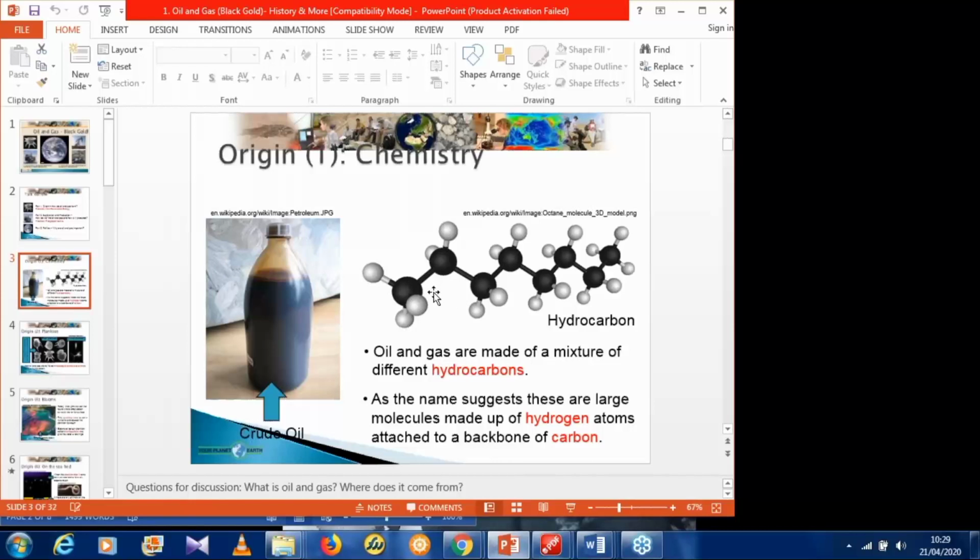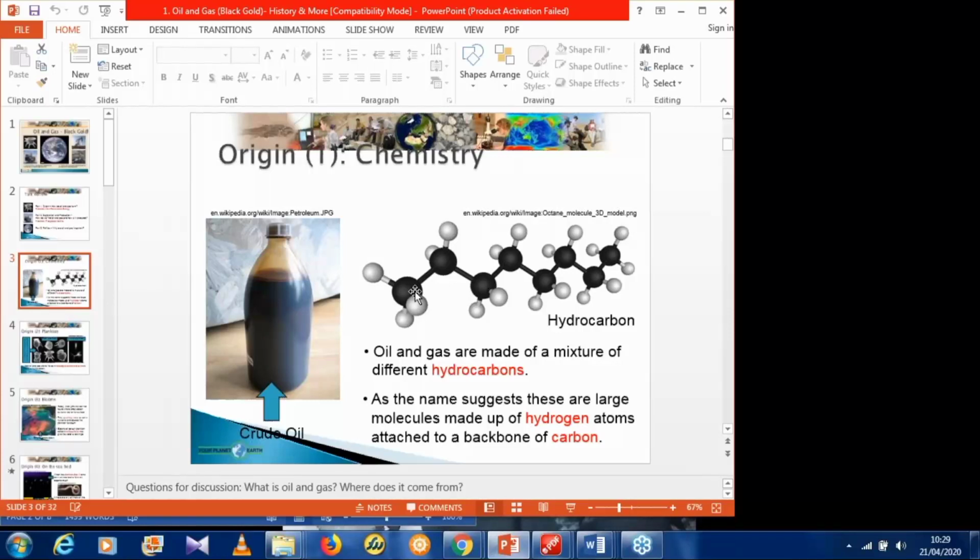I believe some of us might have the basic chemistry from our old level days. We know about hydrogen and carbon elements. These are the major components that make up oil and gas, and that's why they are usually referred to as hydrocarbon. Another name for crude oil specifically is black gold.